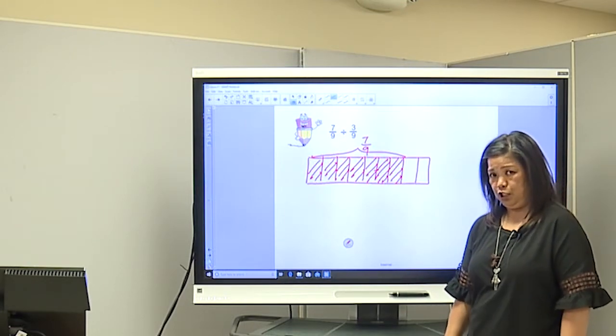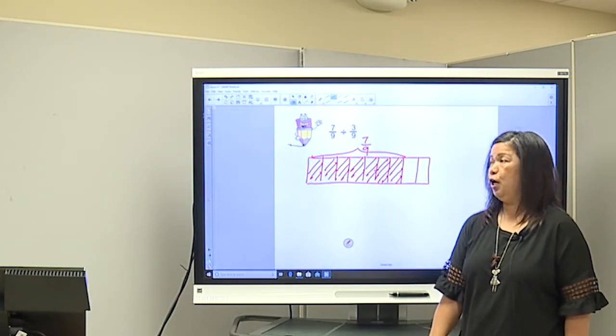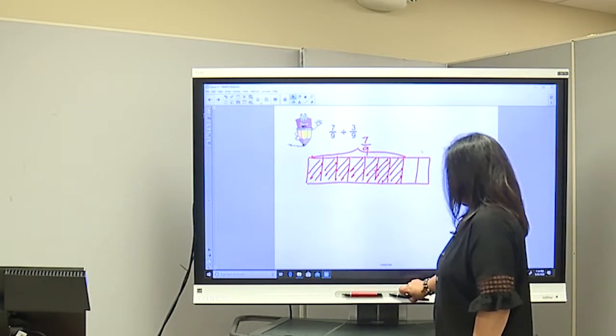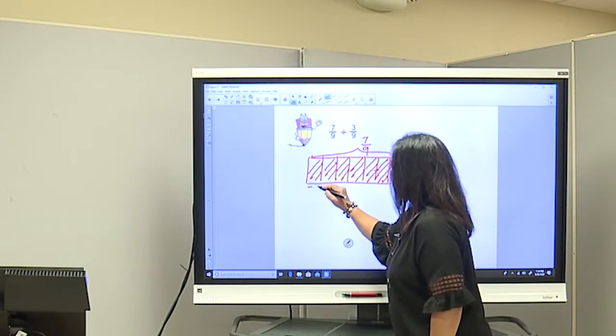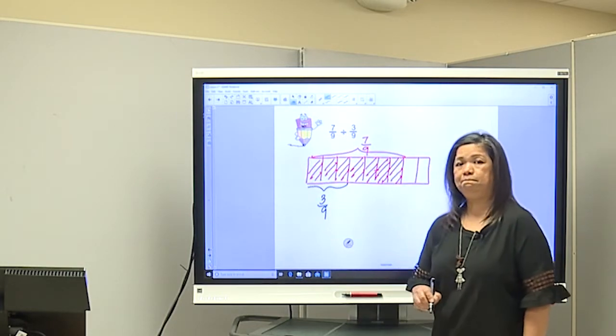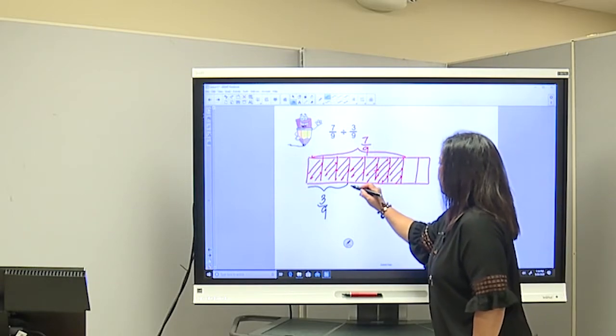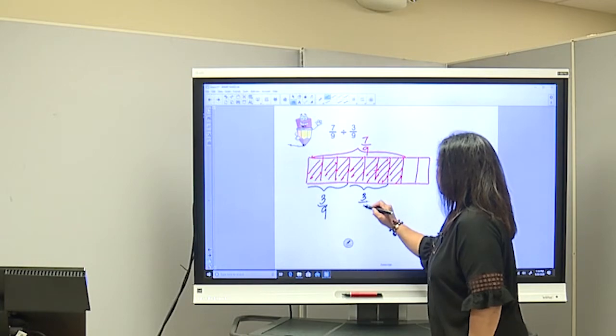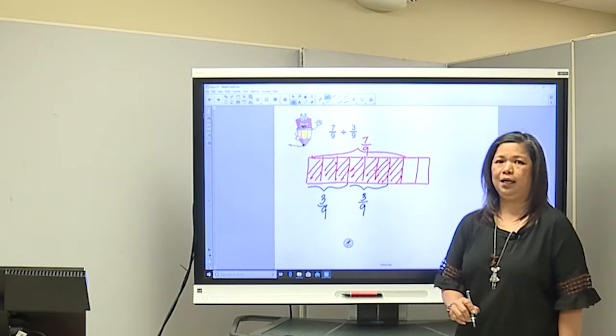What do we want to do? We want to divide it by groups of 3 ninths. Okay. So I'm going to start with the first 3 ninths. So that's one group of 3 ninths. Okay. Here's another group of 3 ninths. Okay.